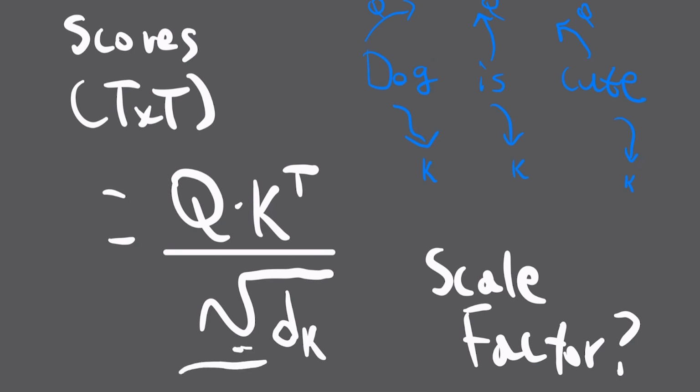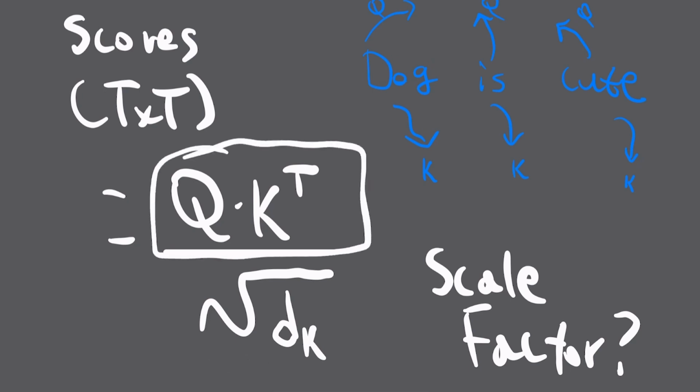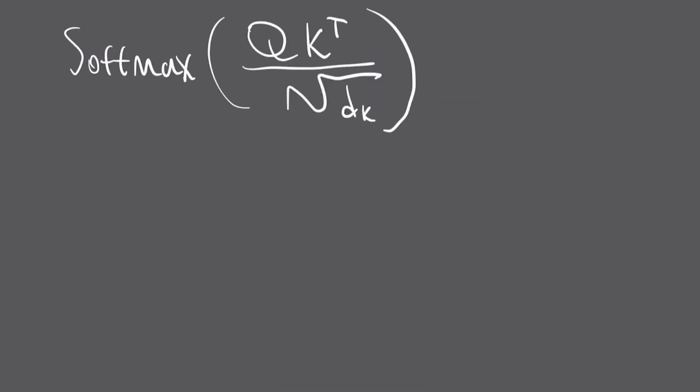So this part of the formula isn't as important for our conceptual understanding, but this part, Q times K transpose, is definitely really important to understand. One additional thing we're going to do to ensure that all our entries in that T by T tensor are between 0 and 1 is apply the softmax function. The softmax function is kind of like a multi-dimensional sigmoid.